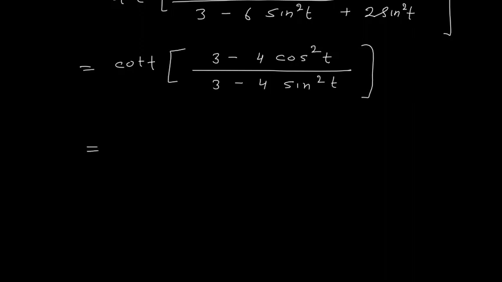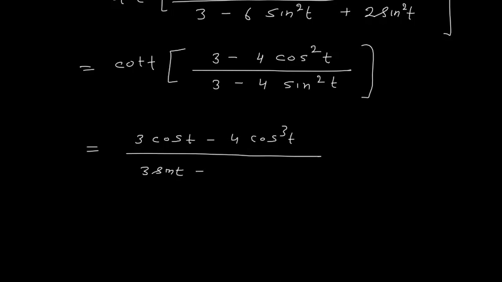Now if I write this cot t as cos upon sin and multiply inside, the numerator will be 3 cos t minus 4 cos cube t, and the denominator will become 3 sin t minus 4 sin cube t. So here I am getting some formula.